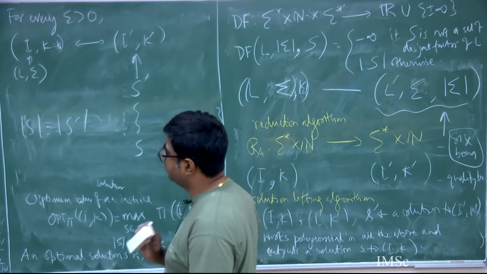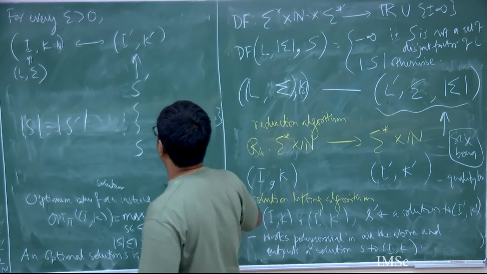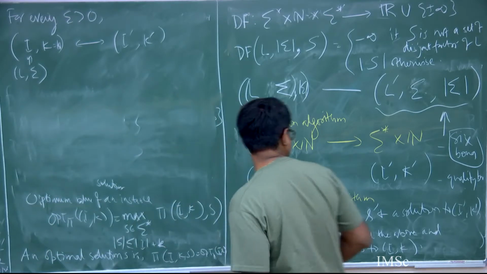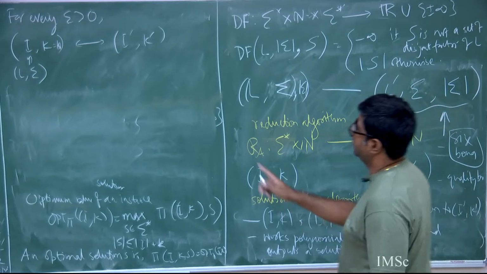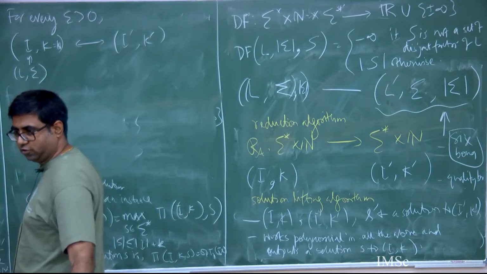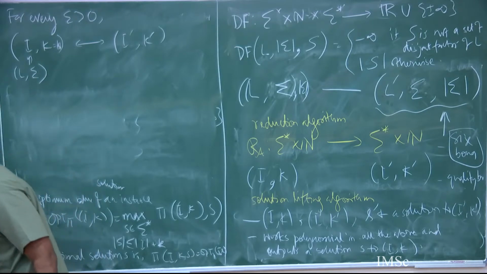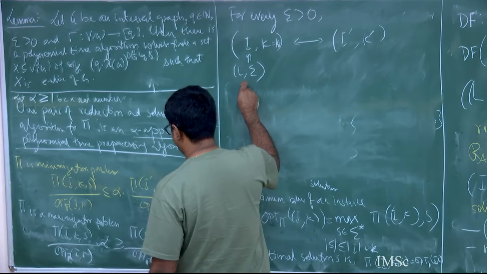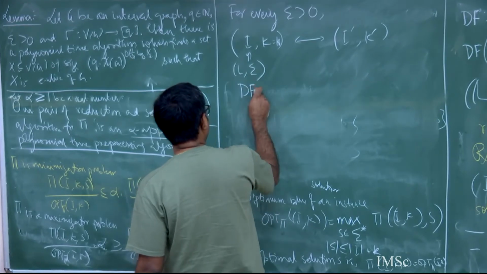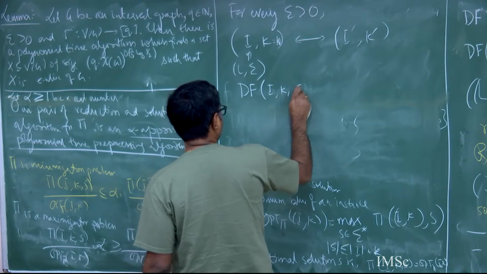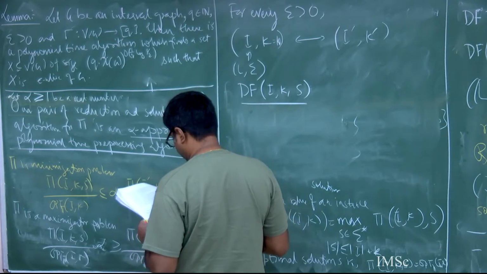I would like to prove to you that if you give me an epsilon greater than 0, then I will do something to my instance with this property. Let's look at this here, because that will give us some idea of what we would like to achieve. So disjoint factor, (I, k) and S, whatever it is returning.